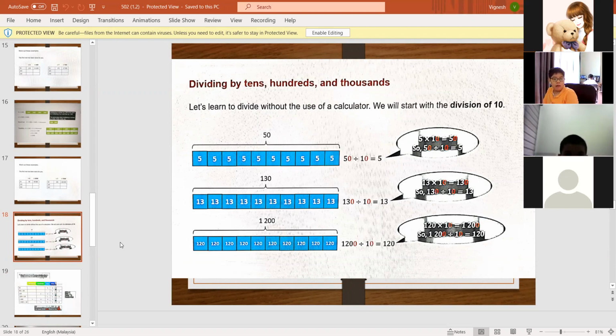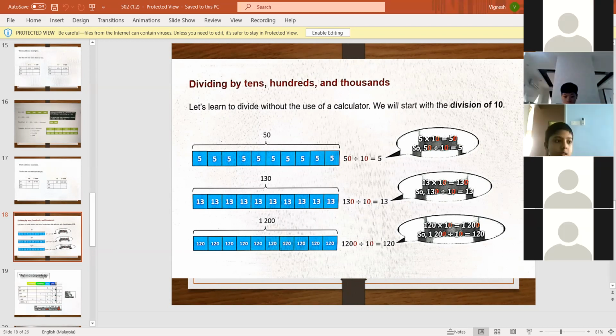You have to move to your left or to the right if you want to divide the numbers. Let's say 50 divided by 10. Okay, 10 is only 1 zero there. So you need to move 1 place to your left or to your right for the division? Left or right, class, for the division? Left. Very good.